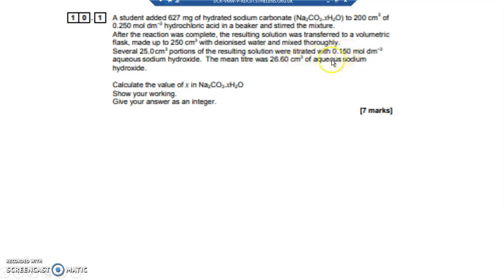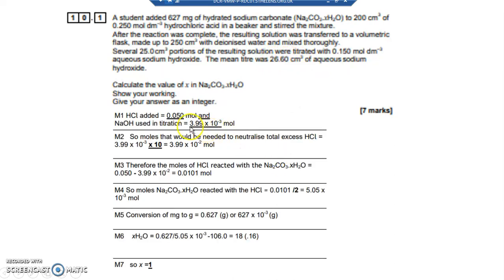Concentration 0.150 equals moles divided by 0.0266. So moles is 0.150 multiplied by 0.0266 decimetre cubed, 3.99 times 10 to the minus 3.